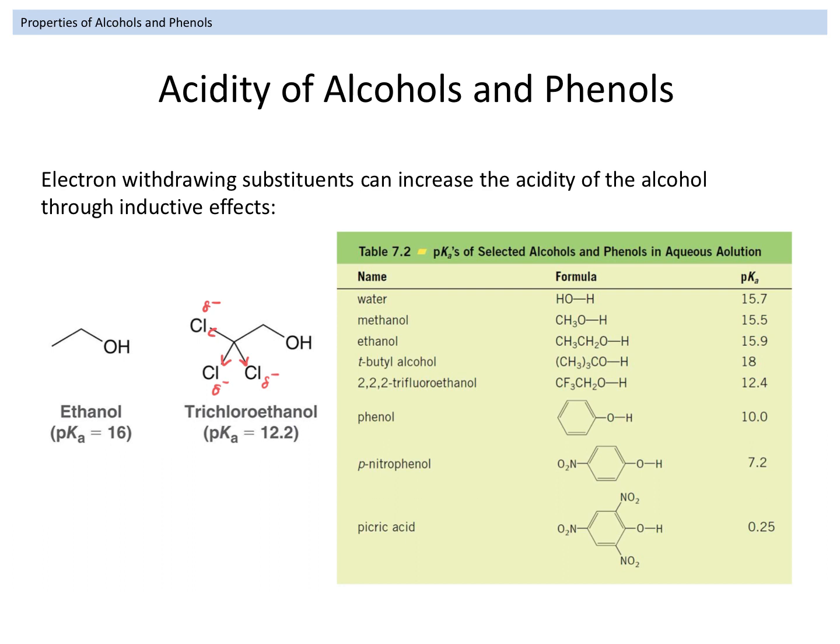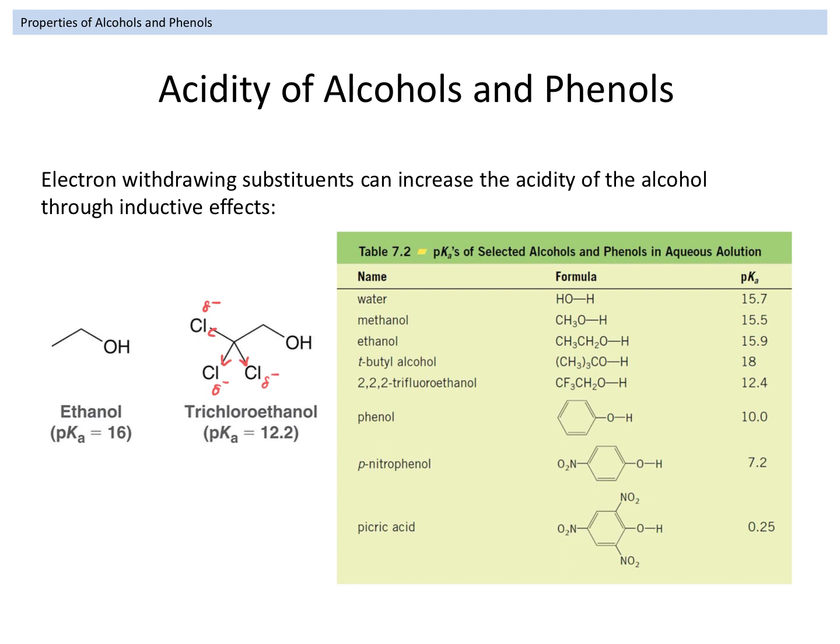Further down the table, we see para-nitrophenol and picric acid, with even lower pKa values of 7.2 and 0.25, respectively. The presence of nitro groups, which are strong electron-withdrawing substituents, significantly increases the acidity of these compounds.